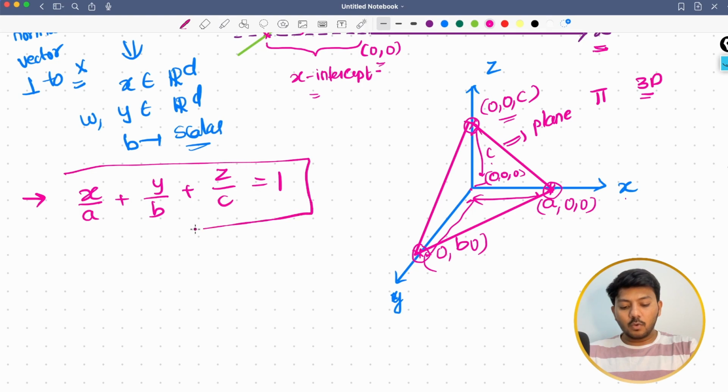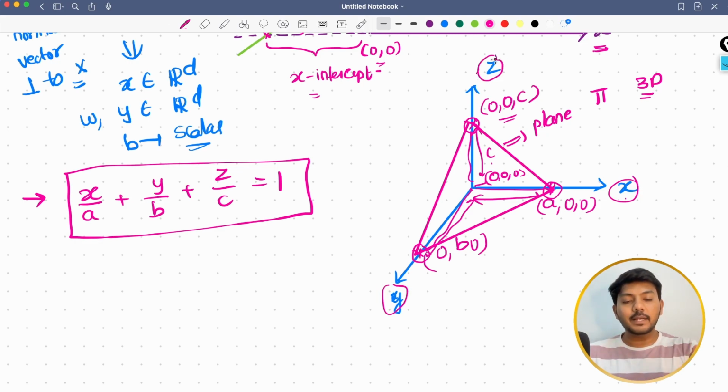These are called the intercepts of the x-axis, y-axis and z-axis, because the plane is meeting those axes at those points. If we have these 3 points, then I can define the equation of a plane as x by a plus y by b plus z by c equal to 1.